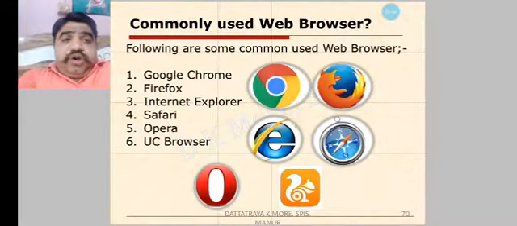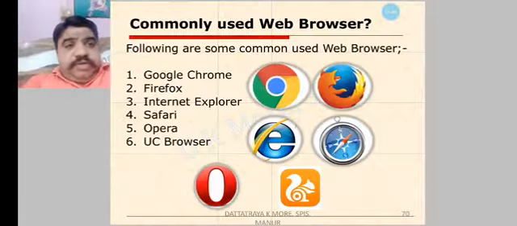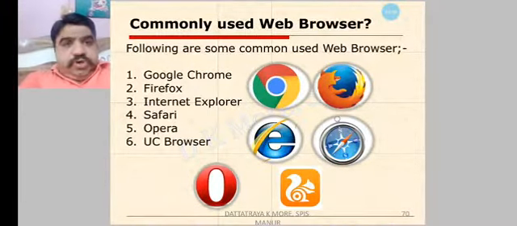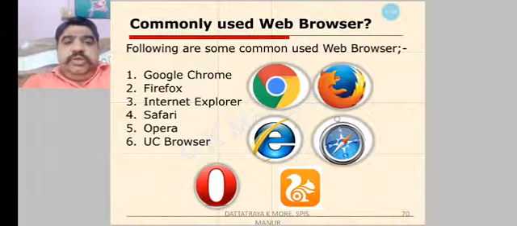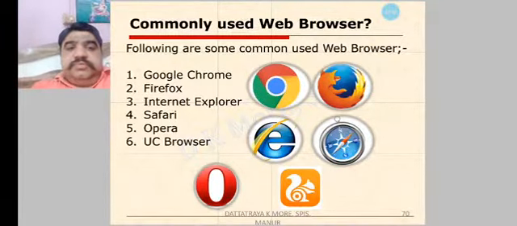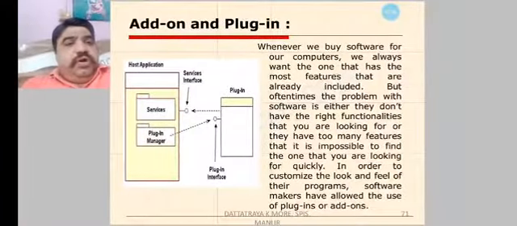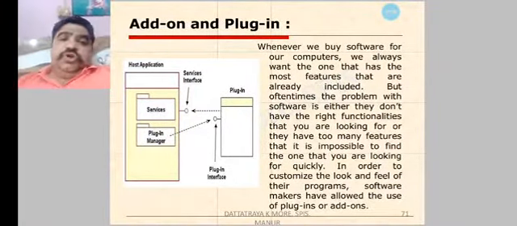Following are some commonly used web browsers: Google Chrome, that photo you can see, first one. Then Firefox, beside that the fox symbol is there. Then Internet Explorer, which comes along with Microsoft Windows, Safari, Opera, then UC Browser. This kind of software is available for web browsing.